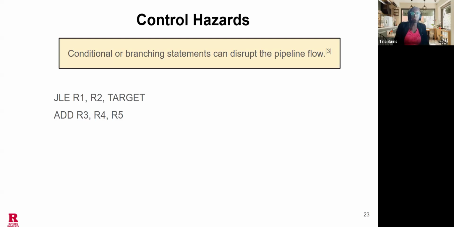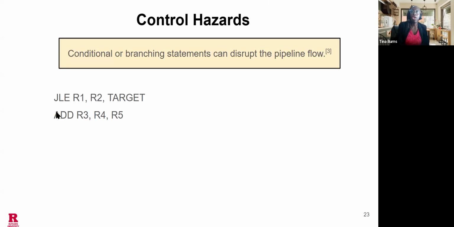So let's take a look at this. This is basically saying if R1 is less than or equal to R2, or in other words, if R2 is greater than R1, I want to jump to whatever is labeled target. Then the next instruction says add R3, R4, and R5.